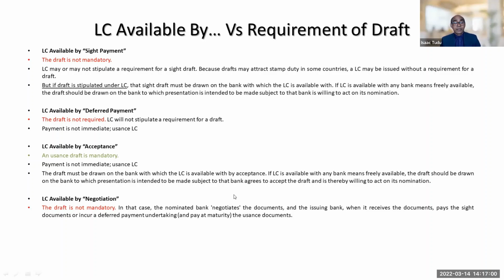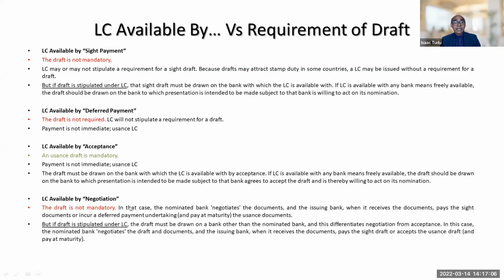But if LC is available by negotiation and there is a stipulation of a draft under the LC, that draft must be drawn on a bank other than the nominated bank. This is very important. The draft is to be drawn on a bank other than the nominated bank in case LC is available by negotiation.